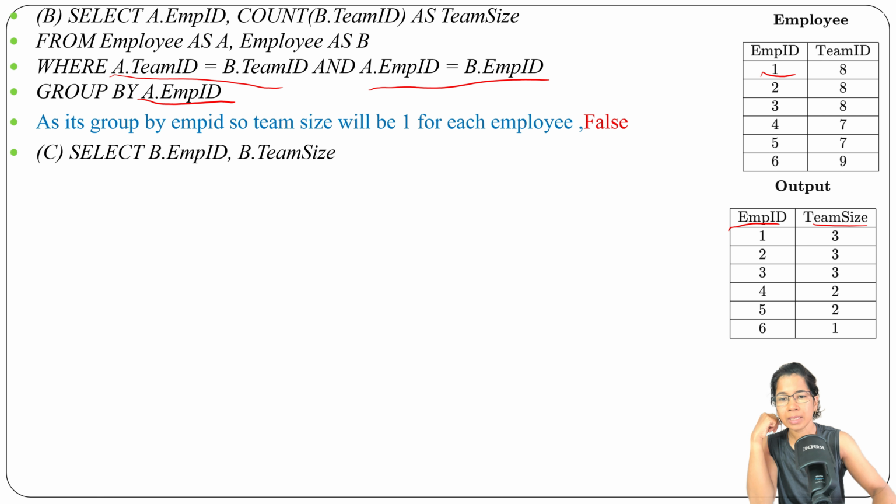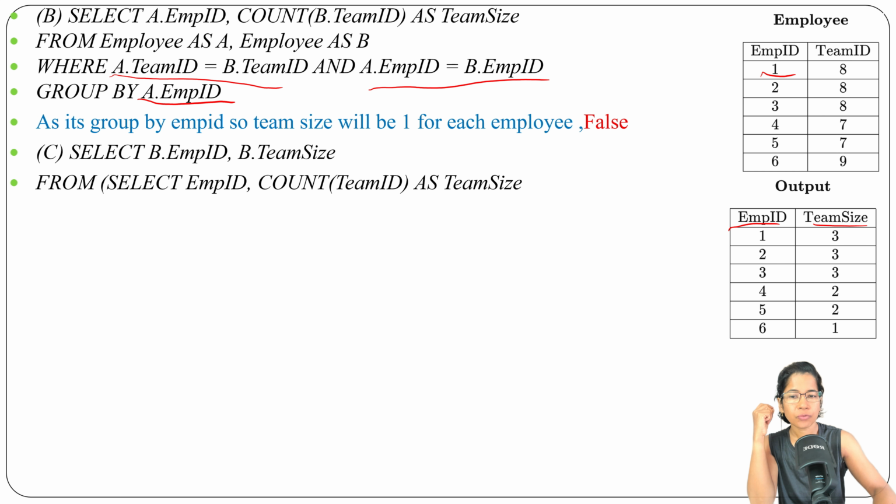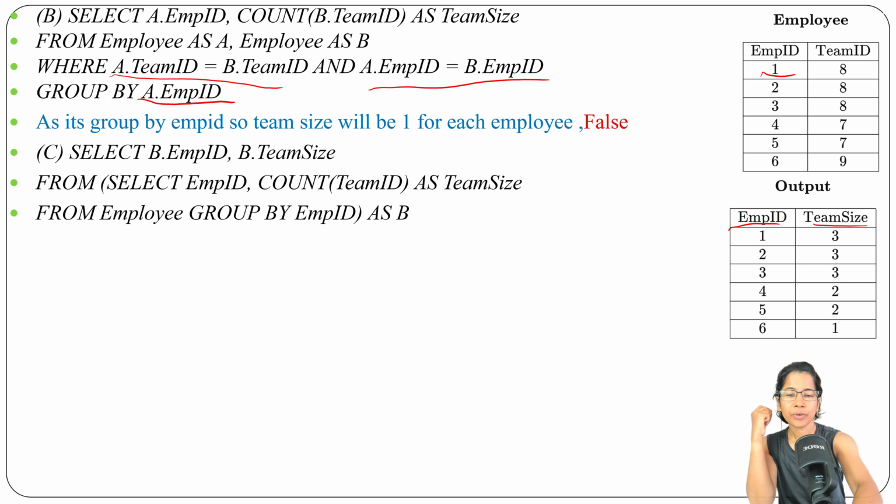Next option C: select B.employee ID, B.team size from (select employee ID, count(team ID) as team size from employee group by employee ID) as B. So the inner query will give output as employee ID, team size.